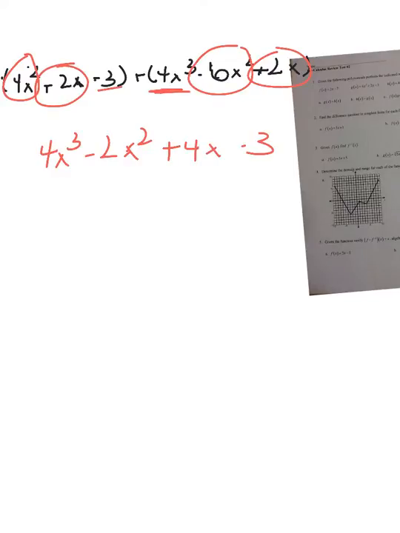So 1b is to take h of x, and h of x is, make sure you use parentheses because we are subtracting. So it's 4x to the third minus 6x squared plus 2x.